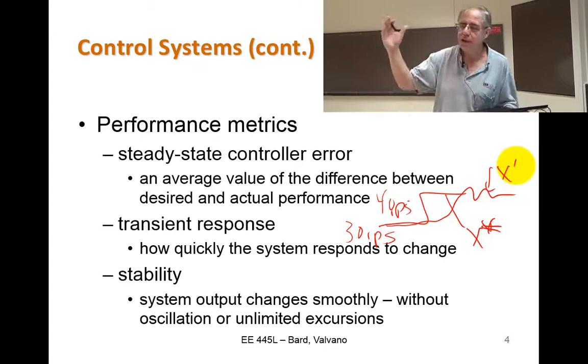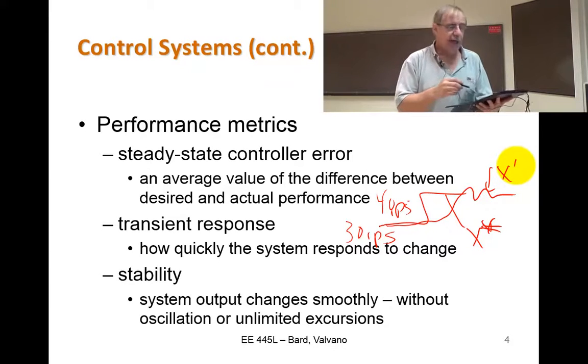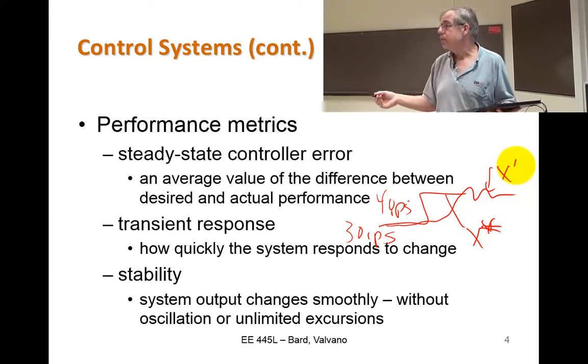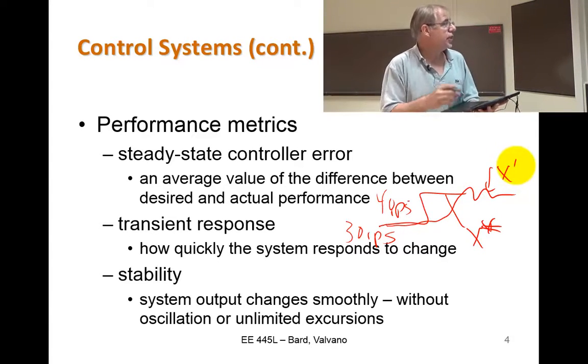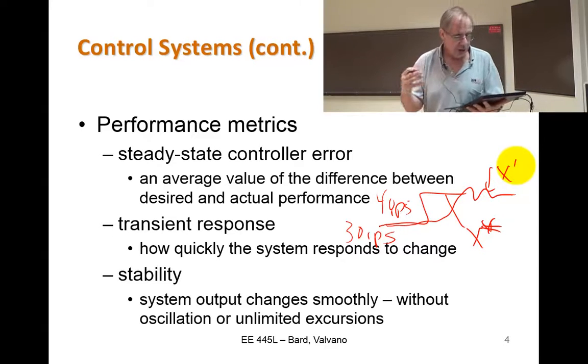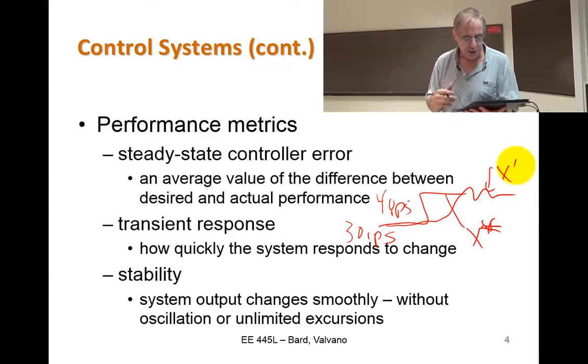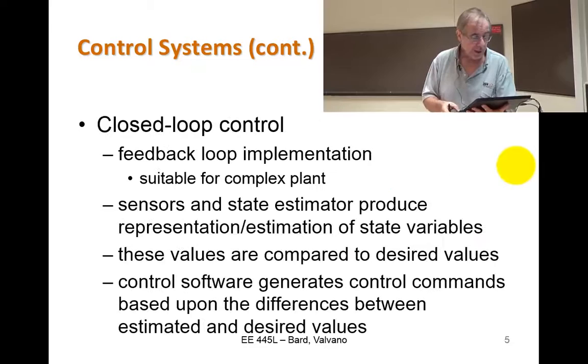You start going uphill, you start going downhill. And I would like it to be stable. An unstable system is one which gets so oscillated. It has so many oscillations that it basically breaks itself.